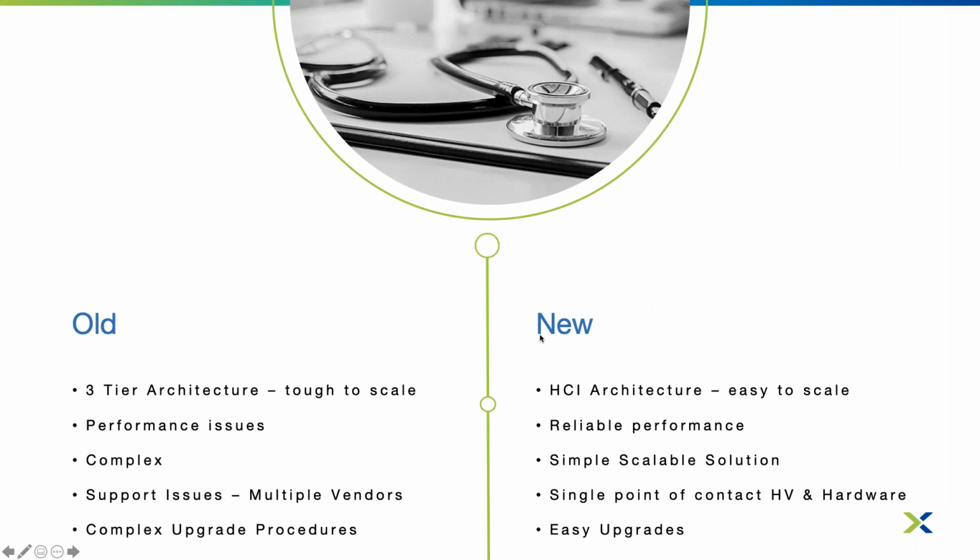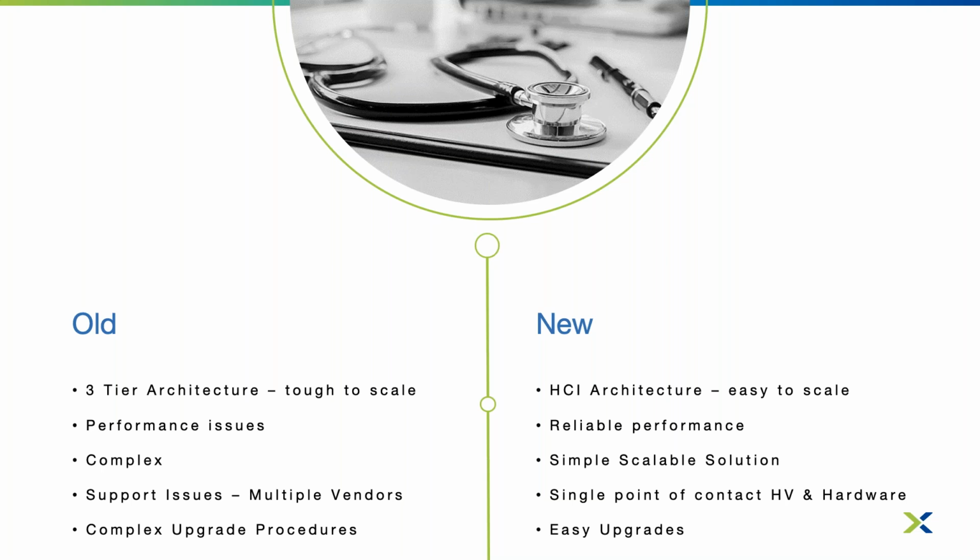So what we ended up with from old versus new, we went from 3-tier, which was difficult for us to scale, to HCI, which is incredibly easy to scale. Just in the last couple of months, with everything that's going on, we've had to scale out quite aggressively.